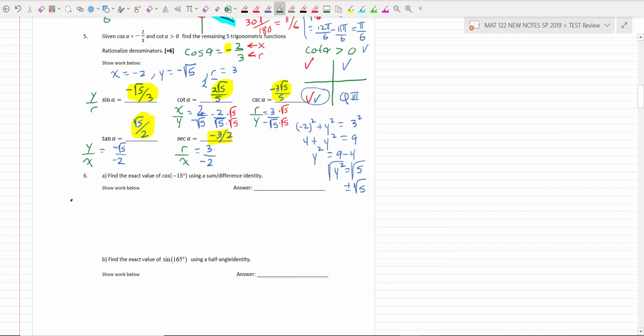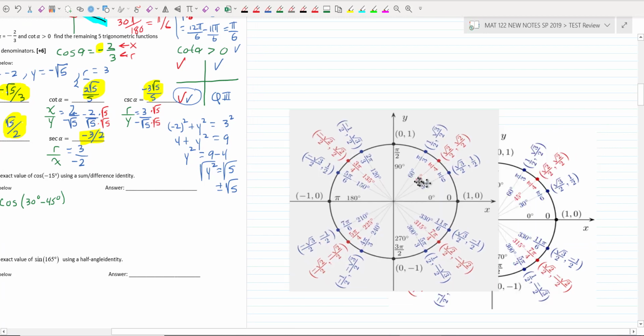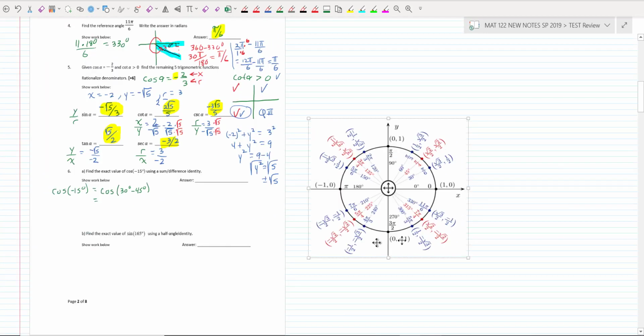The first thing you want to do is figure out how to either add or subtract two angles to get negative 15. There's more than one way to do this, but I'm going to write this as 30 degrees minus 45 degrees. Then you want to remember your identity, and look at your unit circle as you complete the problem.